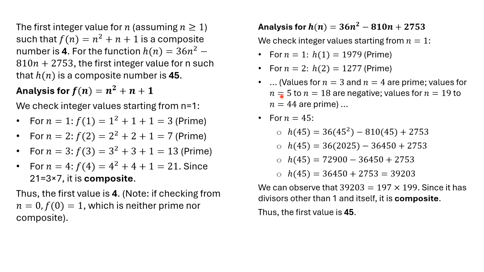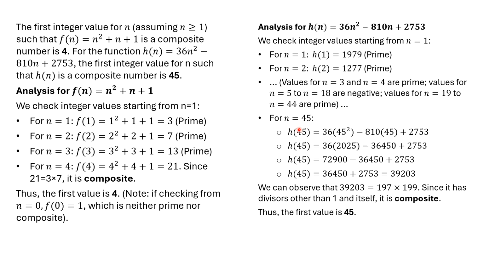For values n equals 5 to 18, you get negative numbers. So we were asked for when we get the first positive composite. I guess we could stop here at 5, but what's interesting is that from 19 to 44, you get all prime numbers again. So this is pretty good. This is generating a lot of prime numbers.